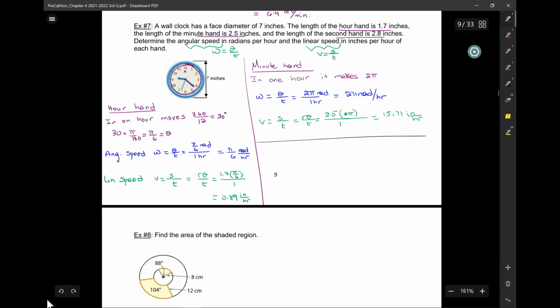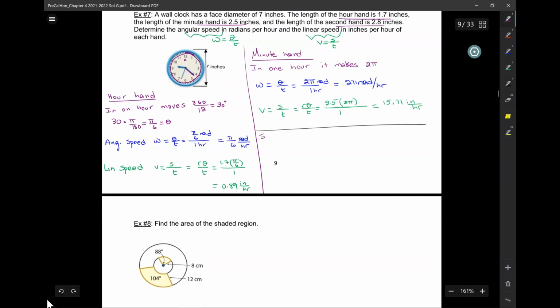Lastly, the second hand, now that's a different story. So let's take a look at where the second hand is.